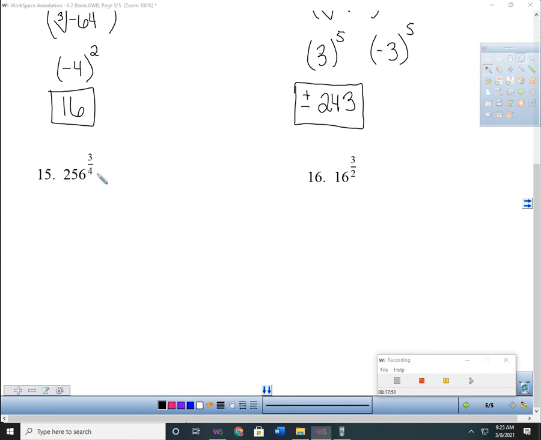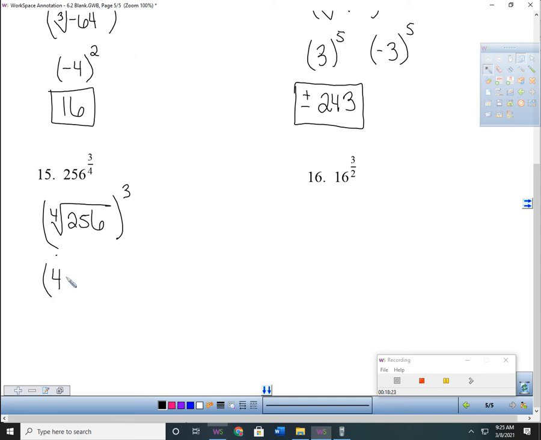All right. So now we have a 4th root of 256 to the 3rd power. So let's decide first, is 256 a perfect 4th power? Yes. All right. You get a positive 4 and a negative 4. So I know I have 2 answers, correct?